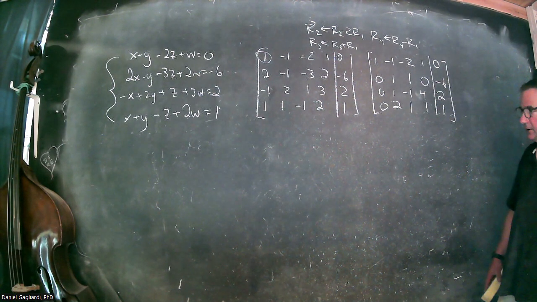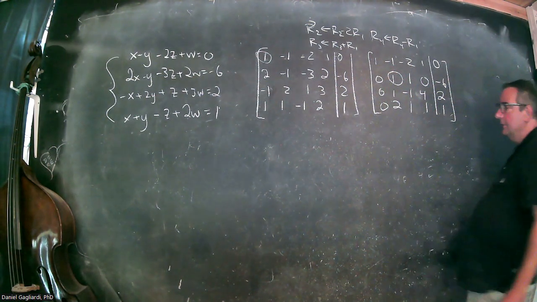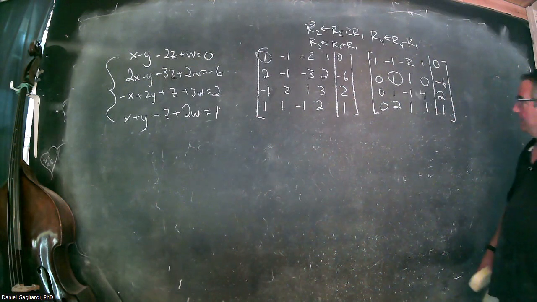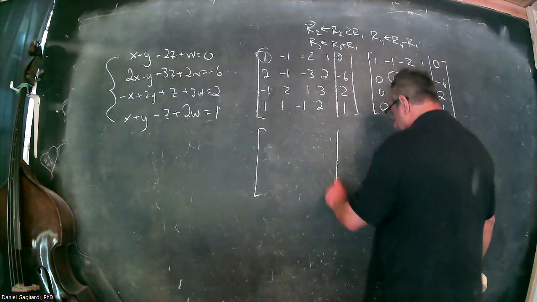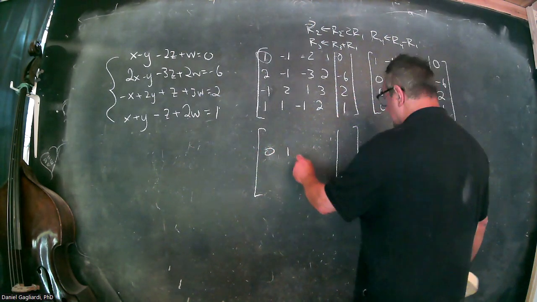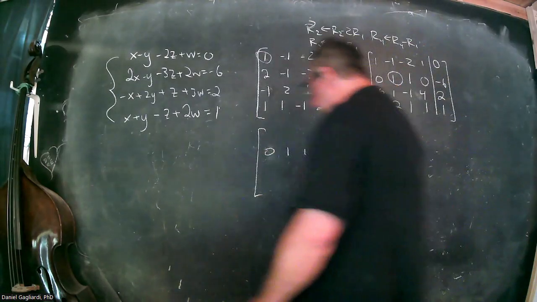To proceed, notice that we have a leading 1 in row 2. So we're going to use that to get zeros elsewhere in that column. Okay, let's see what we have to do to make that happen. Well, row 2 stays intact: 0, 1, 1, 0, negative 6. All right?